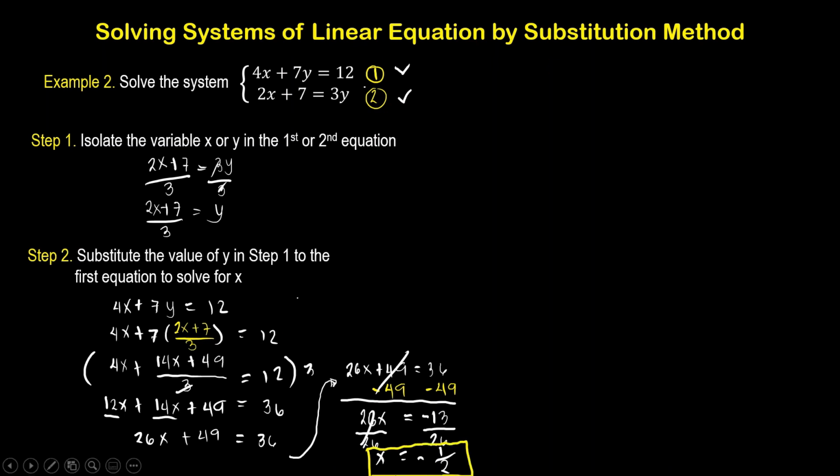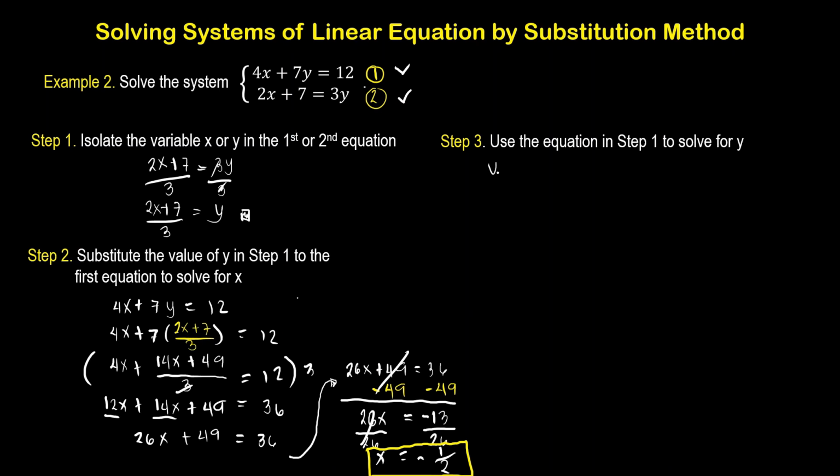So, ang next na gagawin natin is, of course, to solve for the value of y, or for the other variable. Okay, so that's our step 3 wherein we are going to use the equation in step 1, this one, to solve for y.